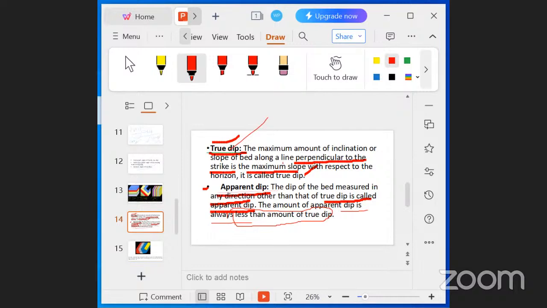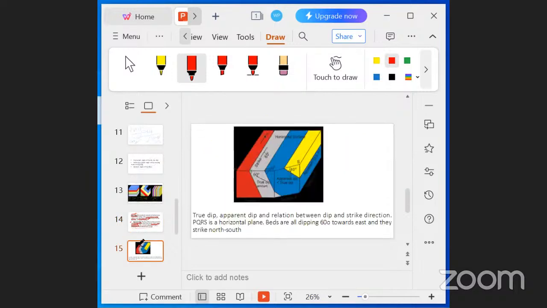Okay? So now we're going to see the relationship between dip and strike. What is the relationship? The direction of dip and strike of any inclined or tilted bed must lie at right angles to each other.